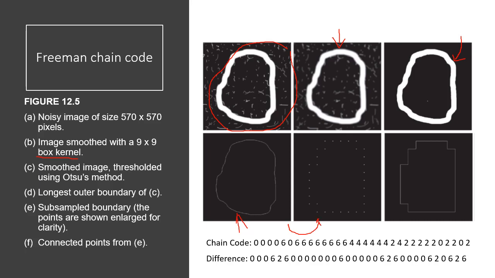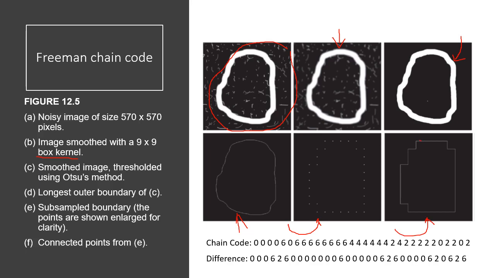Let's say we could resample using a grid of size, let's say, 4 by 4 or 5 by 5 or 8 by 8 pixels. Then we have the boundaries, and so we generate the chain code from this object.